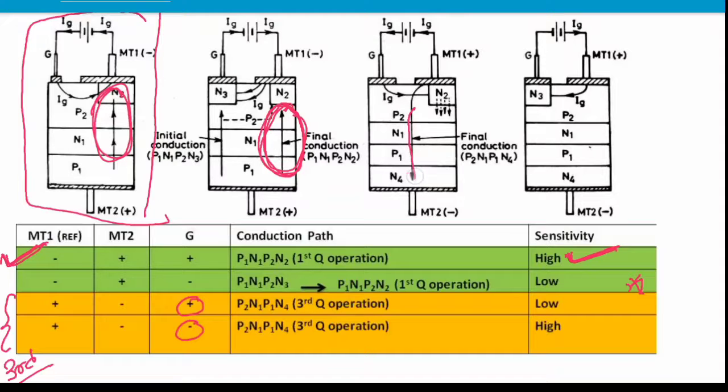But in the case of the third one, the sensitivity is low because the first conduction will be in one way and then in another. The fourth one is highly sensitive, with the path P2 N1 P1 N4.